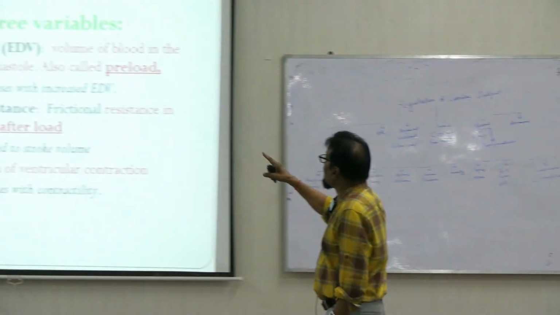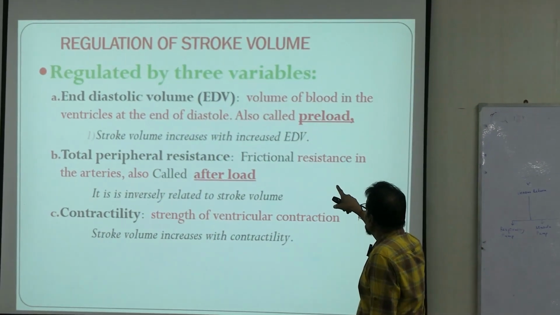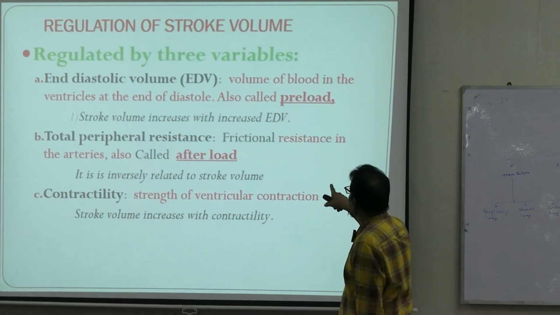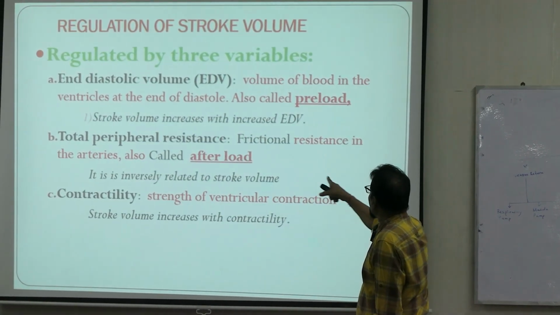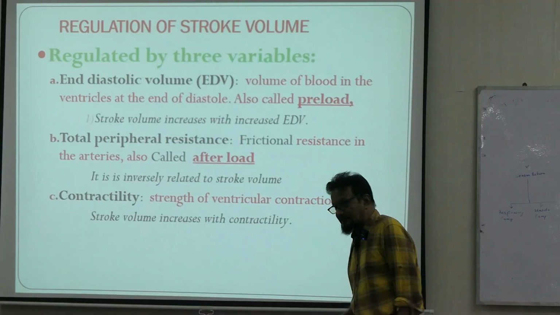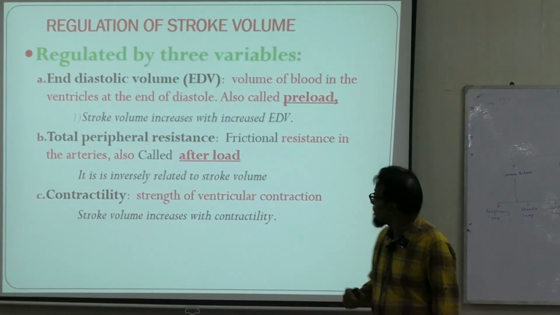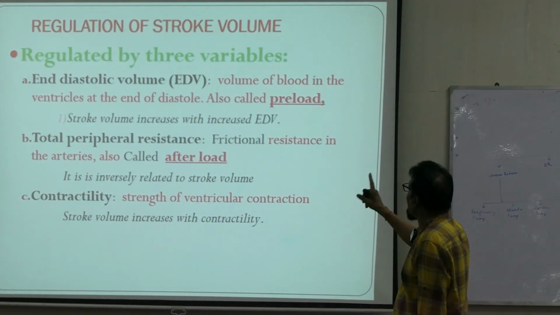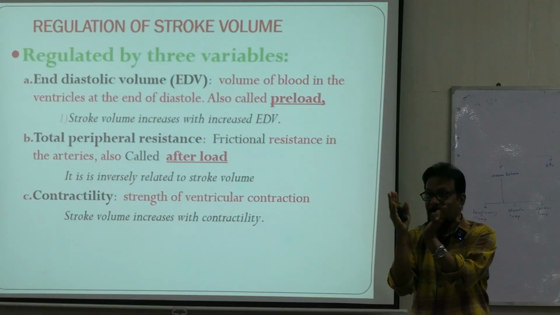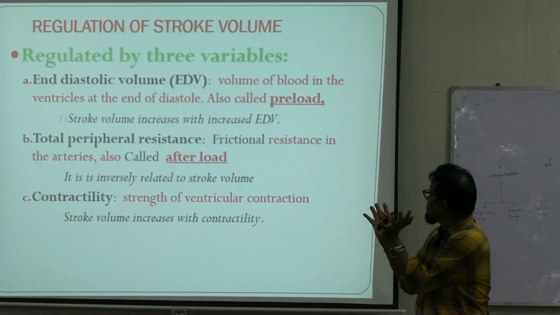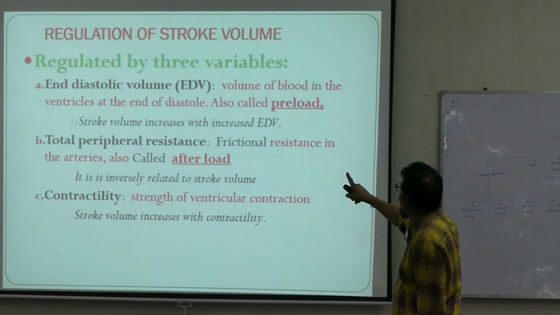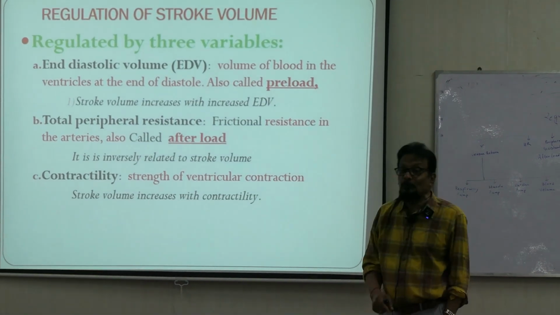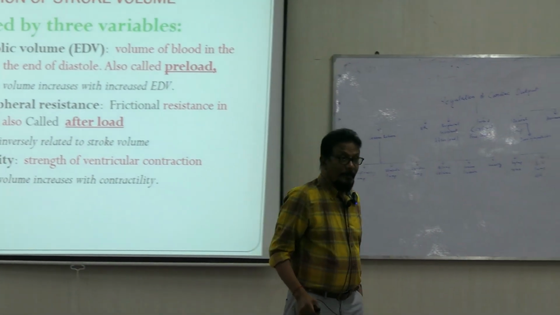One is end diastolic volume, another is afterload, which is total peripheral resistance, and another is contractility. Let us understand these. The first one is end diastolic volume, the volume of blood in the ventricles at the end of diastole. This is also called preload.